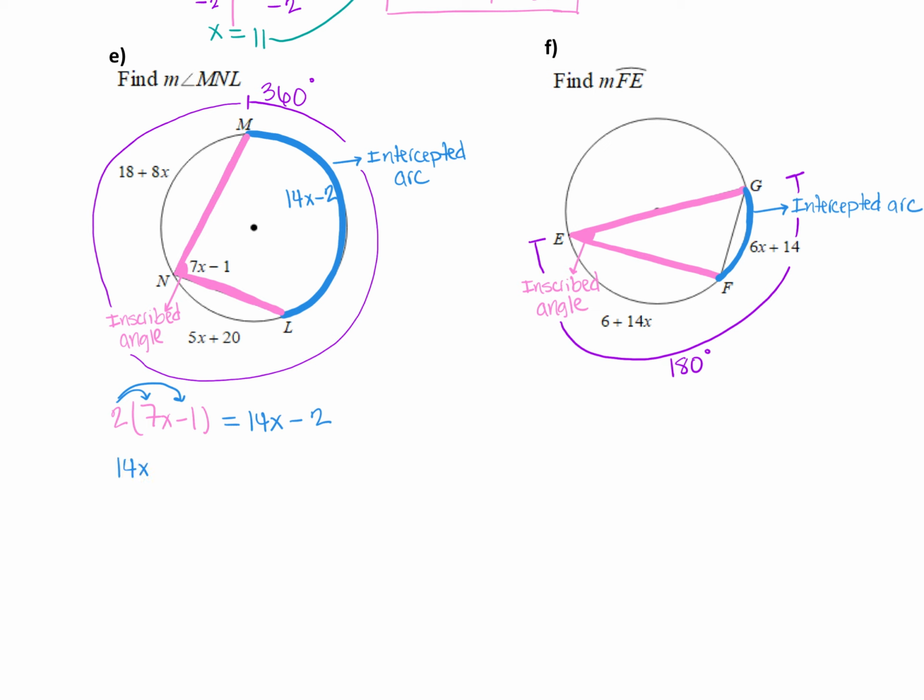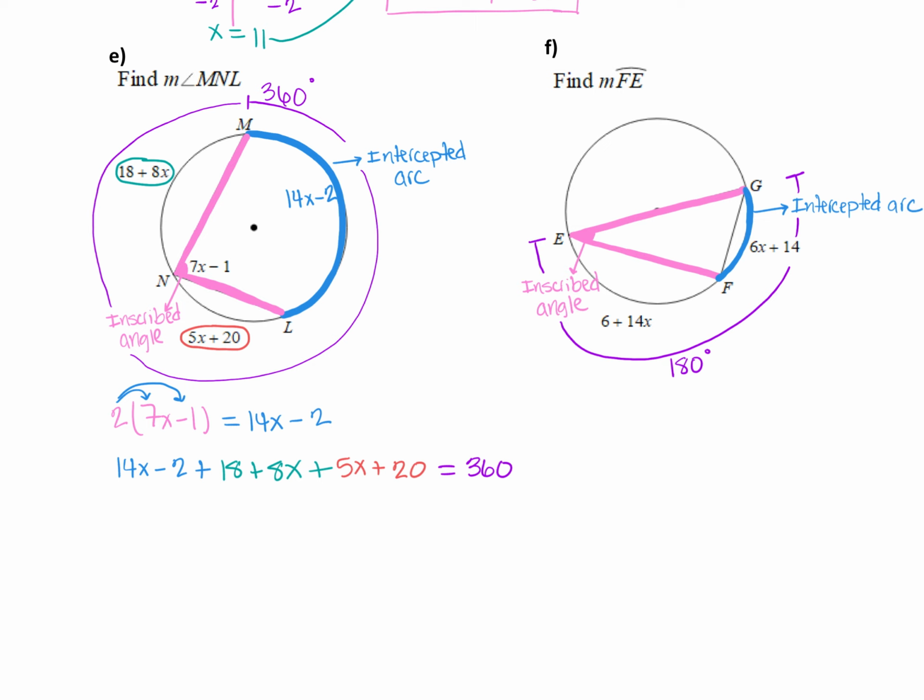So we take the 14x minus 2, add it to the 18 plus 8x, and then add it to the 5x plus 20. Then it's going to equal 360 degrees. So now it's an equation that we can solve for x.